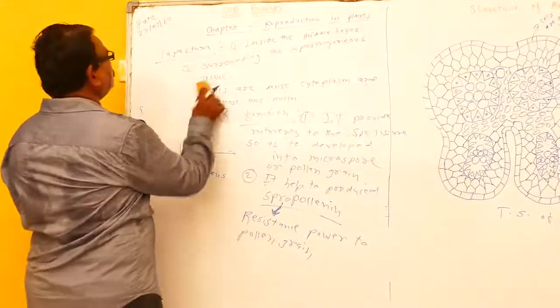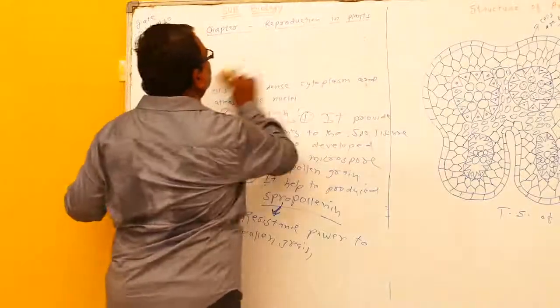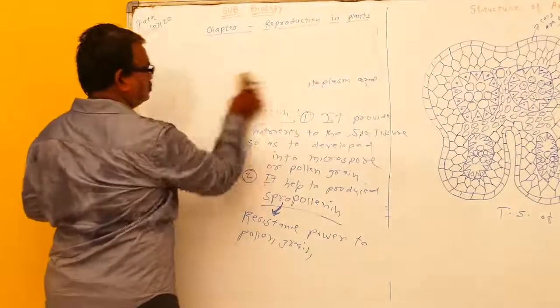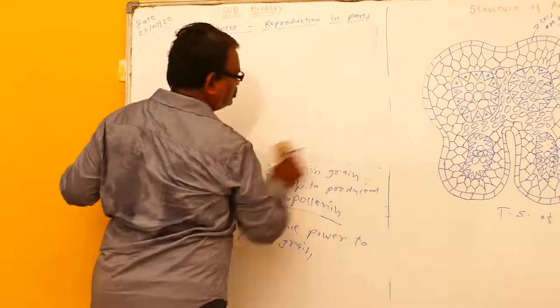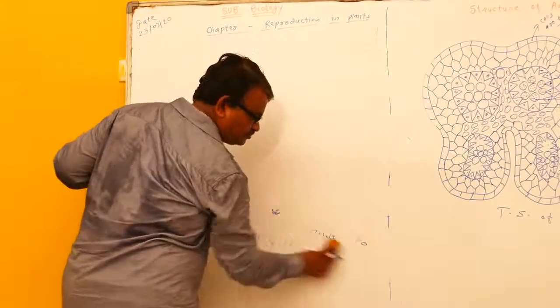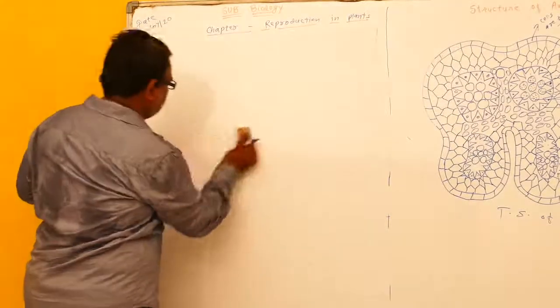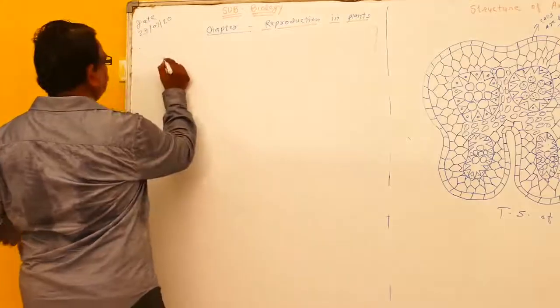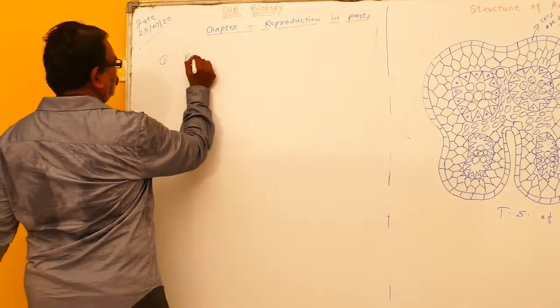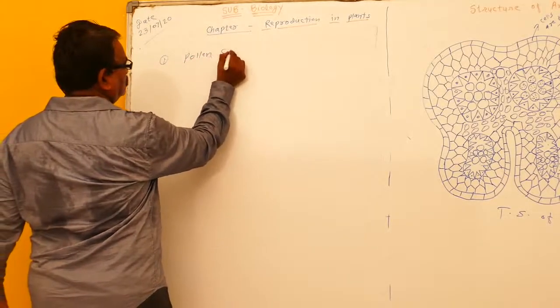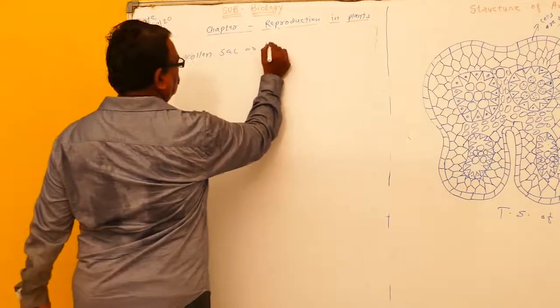And last is the sporangenous tissue, the microsporangium or pollen sac.